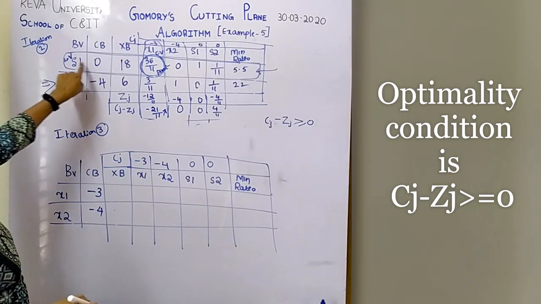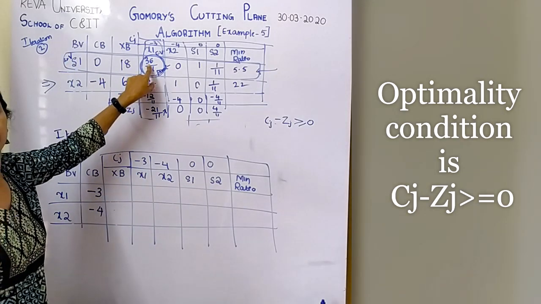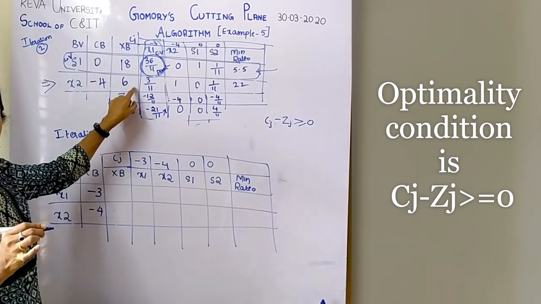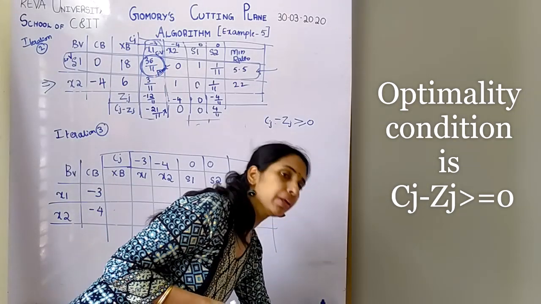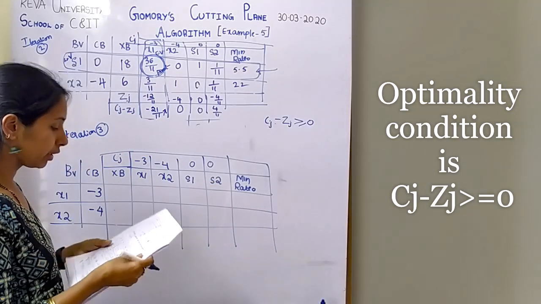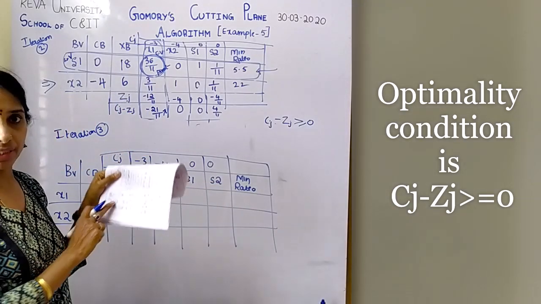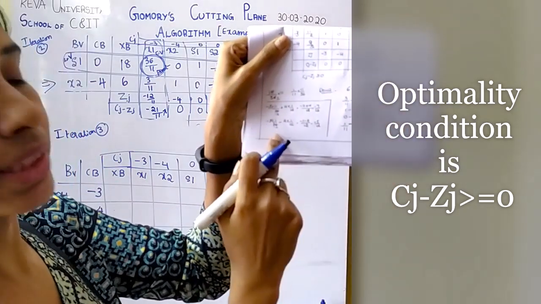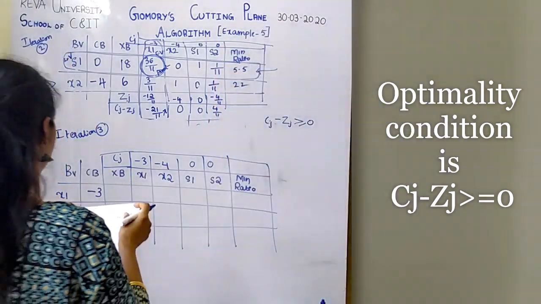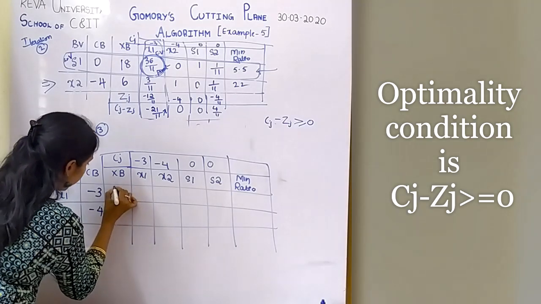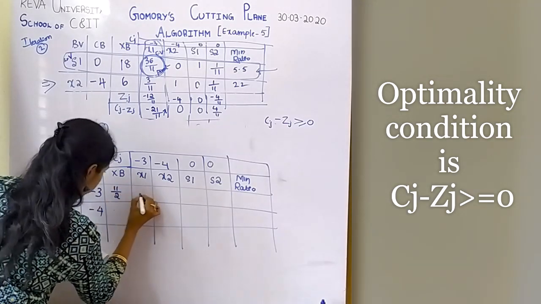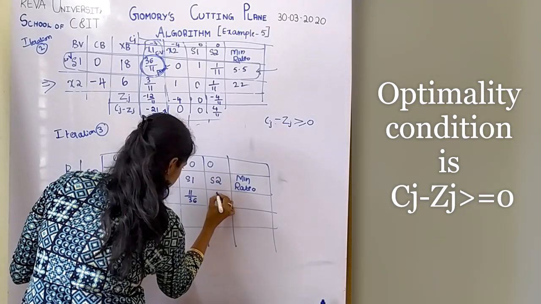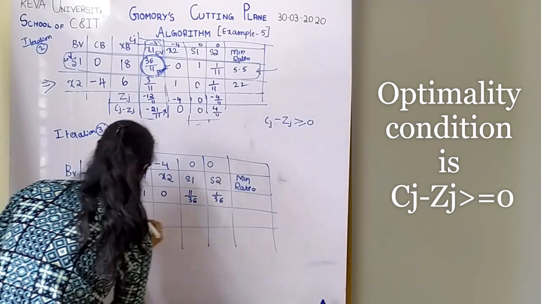The coefficient of X1 is minus 3 and the coefficient of X2 is minus 4. So how will you find out the values here? Old value divided by pivot. Then here, old value minus new value into value in the entering column. So do the calculations here. For your reference, you can refer to all these calculations. So next you will get here 11 by 2, 1, 0, 11 by 36, 1 by 36.